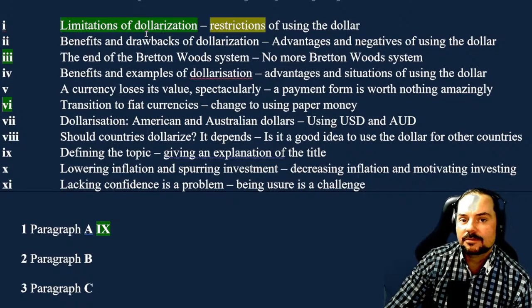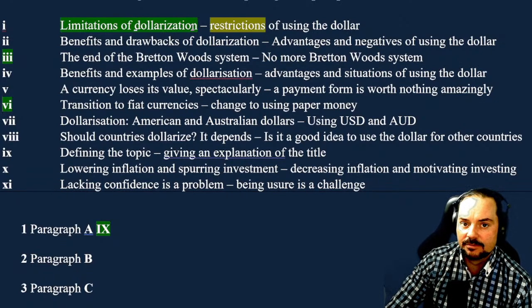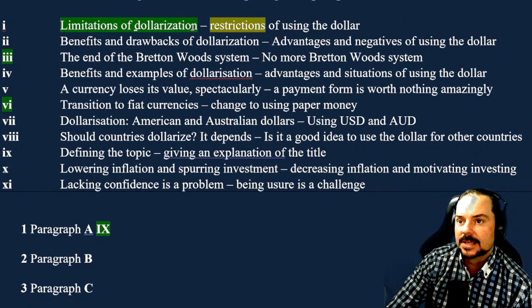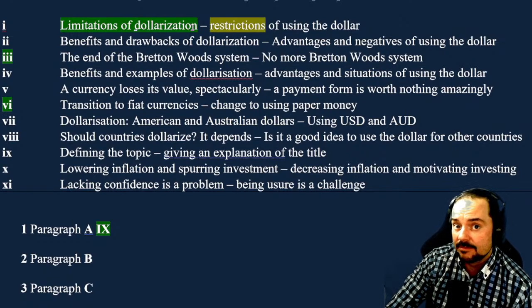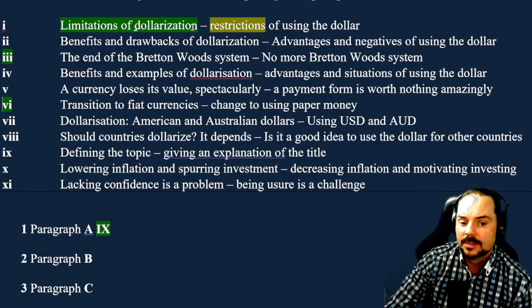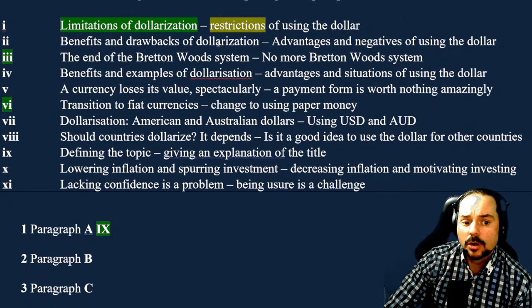Transition to fiat currency literally means that your currency is no longer tied to the value of gold. That's the literal definition of fiat currency. Fiat currency means that the currency's value is tied to the belief of the people. If the people believe that it has value, it has value. Okay, good.